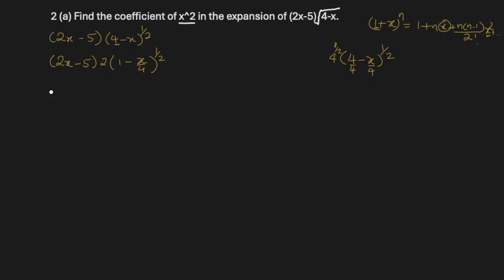So let me continue. 2x, let's write 2 here now. So this 2 has been written in front. And now we'll expand this. 1 plus n, the exponent, which is half in this case, times x. In place of x, I will write minus x over 4.